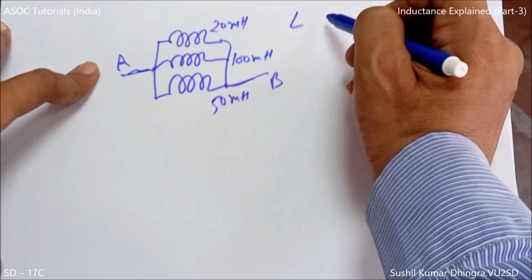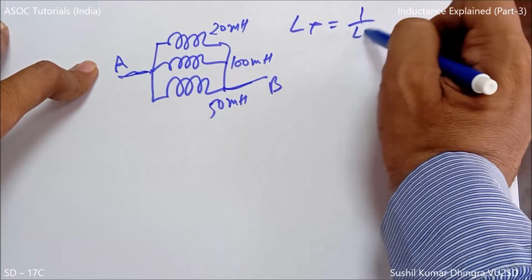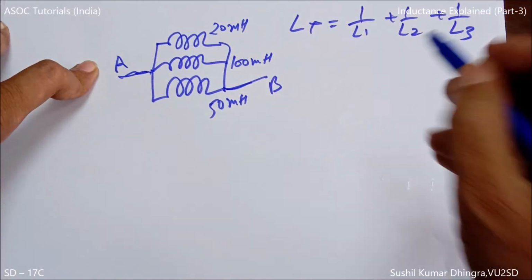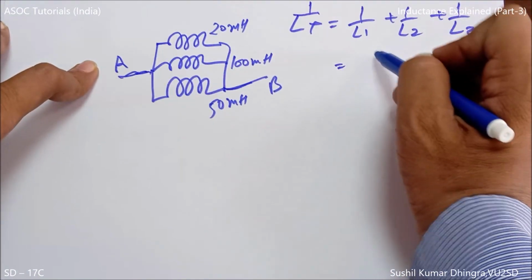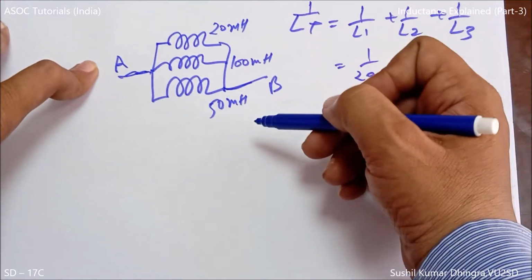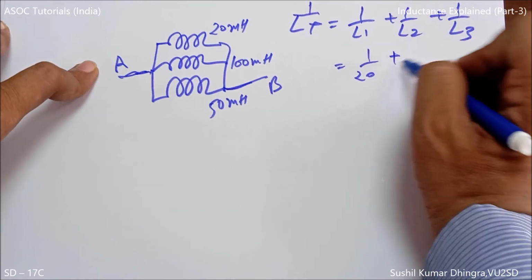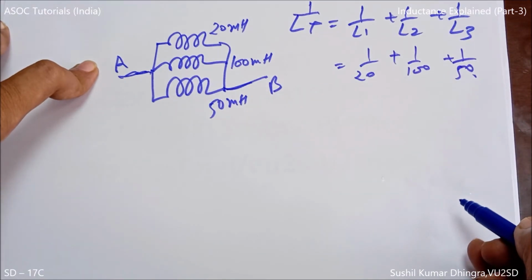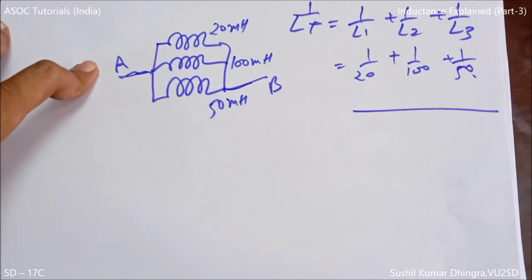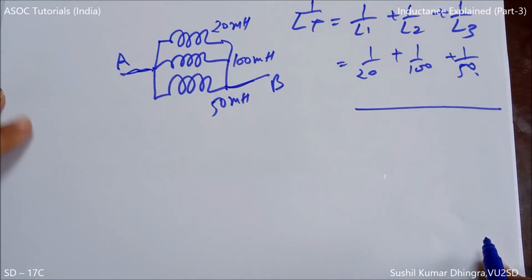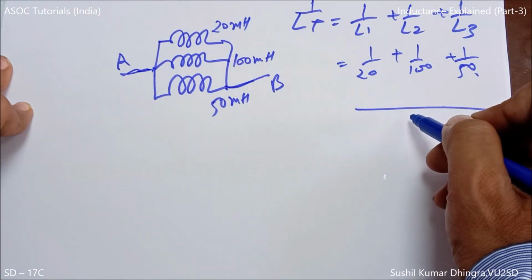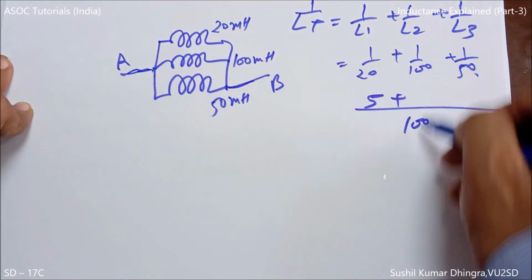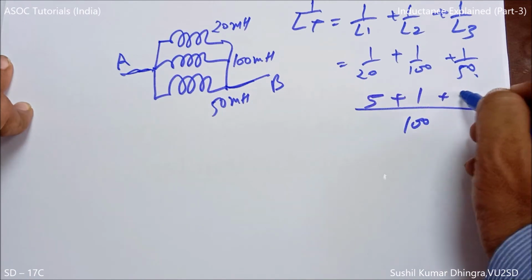So 1 by LT will be equal to 1 by L1 plus 1 by L2 plus 1 by L3. Now put the values: 1 by 20, they are all millihenries so I'm not writing the word millihenry, plus 1 by 100 plus 1 by 50. Let us take a common LCM. If you see, you can simply take the LCM as 100. 20 goes into 100, 5 times; plus 100 gives 1; plus 50 gives 2.